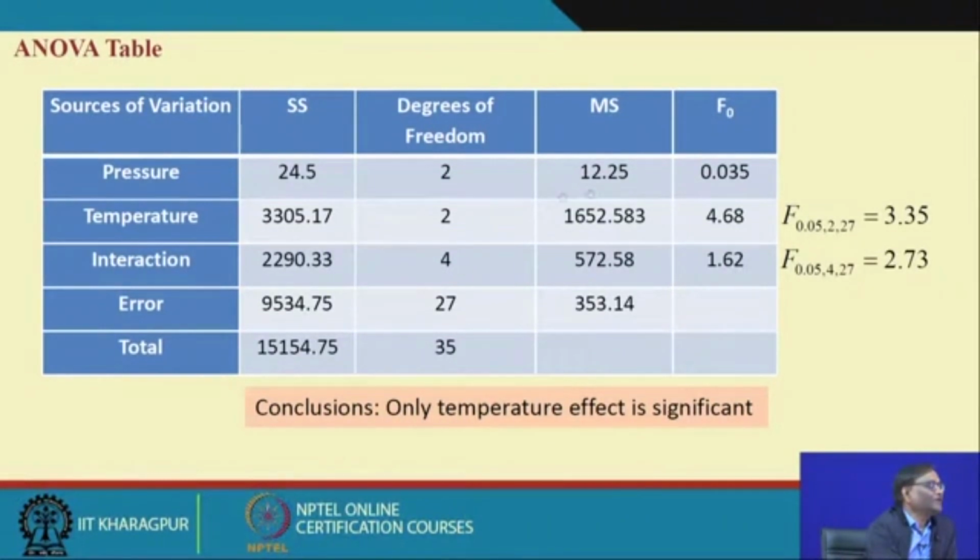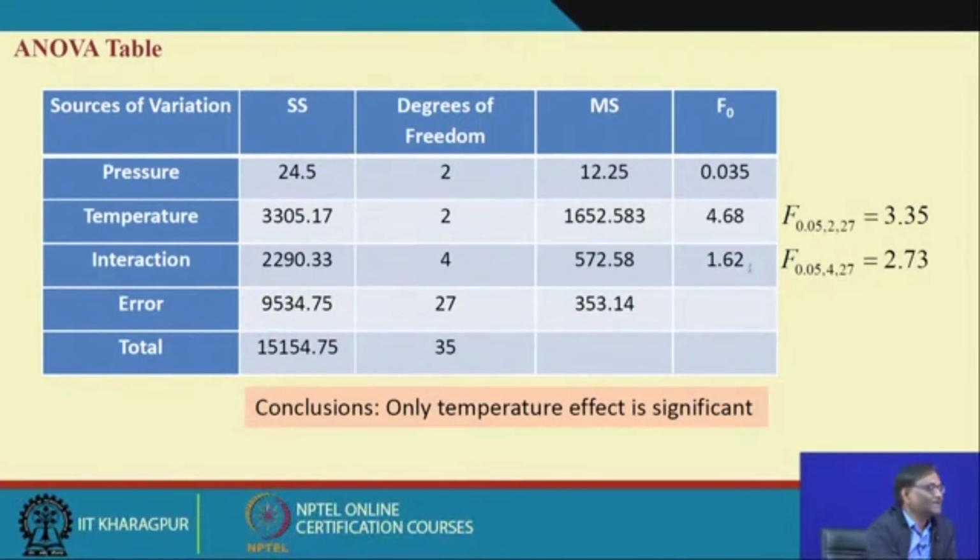For pressure and temperature the threshold F, if we consider alpha equal to 0.05, F 0.05, 2, 27, is 3.35, and for interaction it is F 0.05, 4, 27, so it is 2.73.